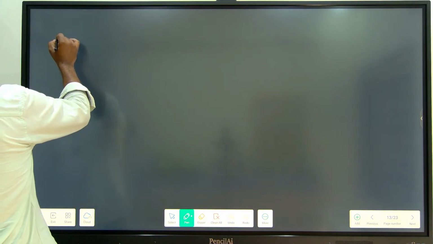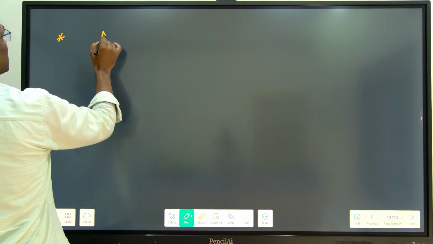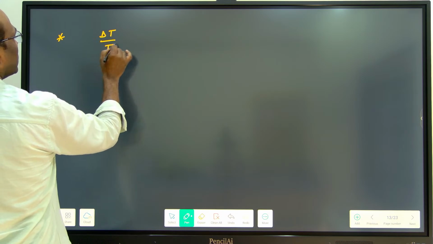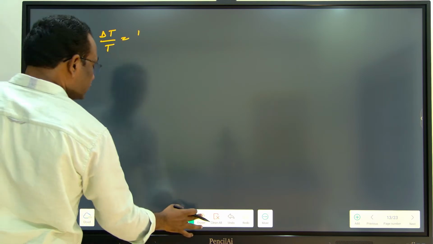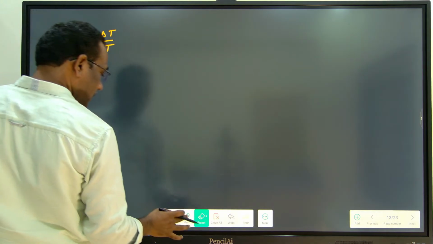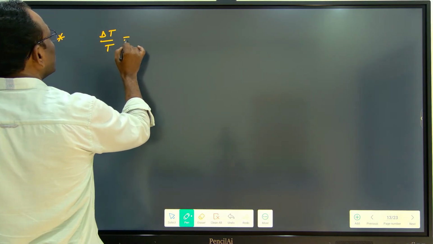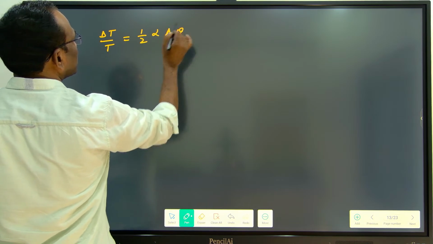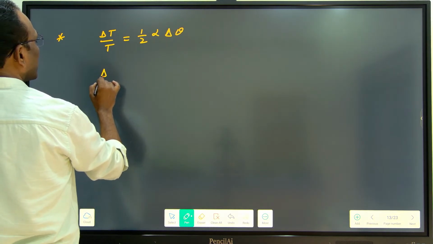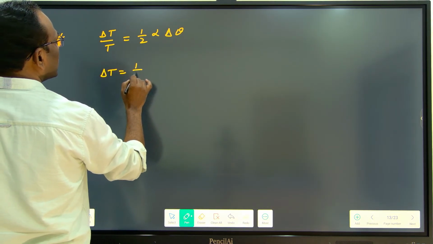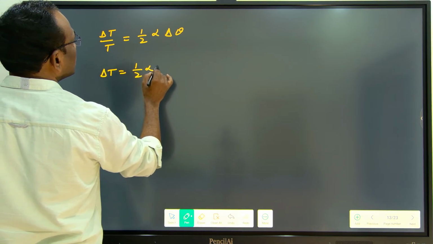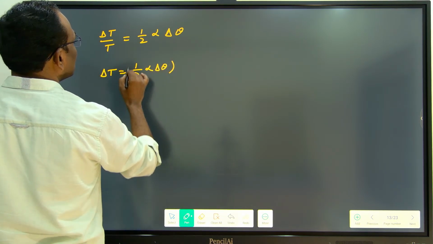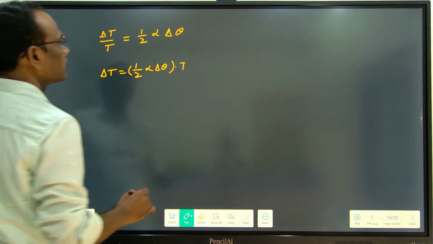We know the formula: delta t by t equal to 1 by 2 alpha into delta theta. So now I am calculating delta t equal to 1 by 2 alpha into delta theta into T.